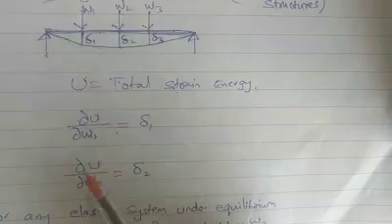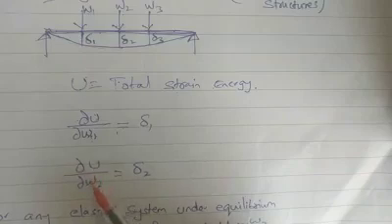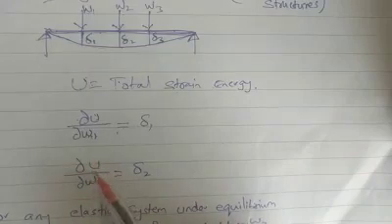In the same way, if we do partial differentiation of the total strain energy with respect to W2, the result will be delta 2.